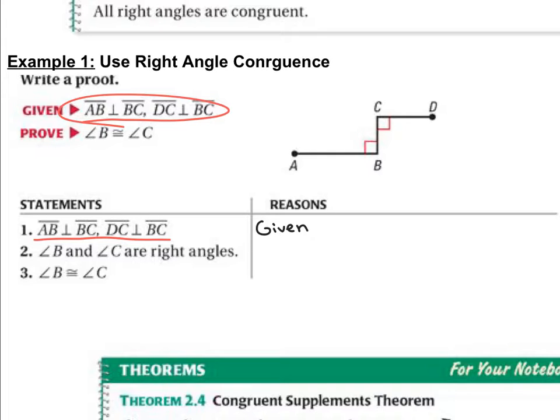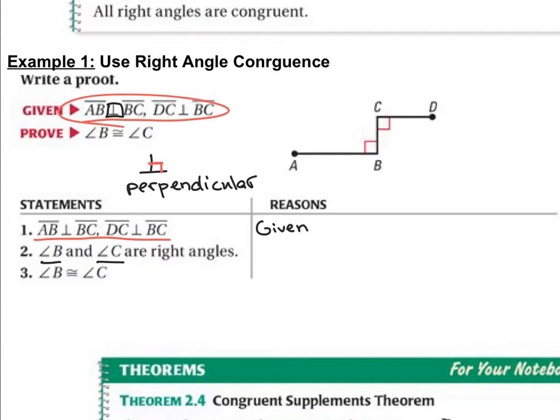All right, next thing we say is that angle B and angle C are right angles. And we know that because of this little mark right here. We've talked a little bit about that, but that little upside down T means perpendicular to. Anytime we know that something is perpendicular, we know that it intersects at a 90-degree angle.